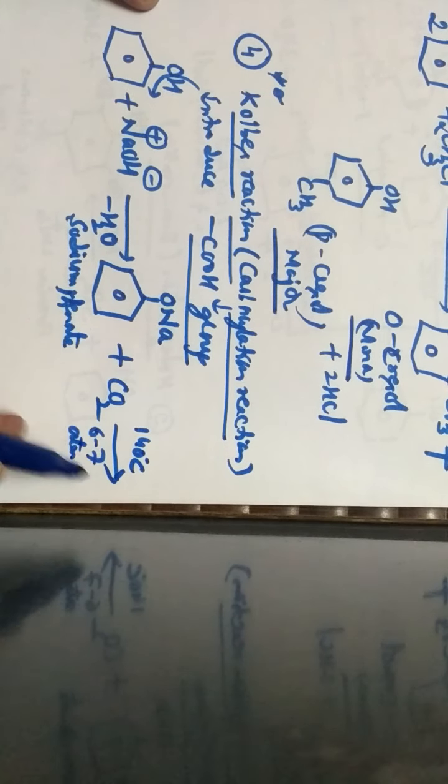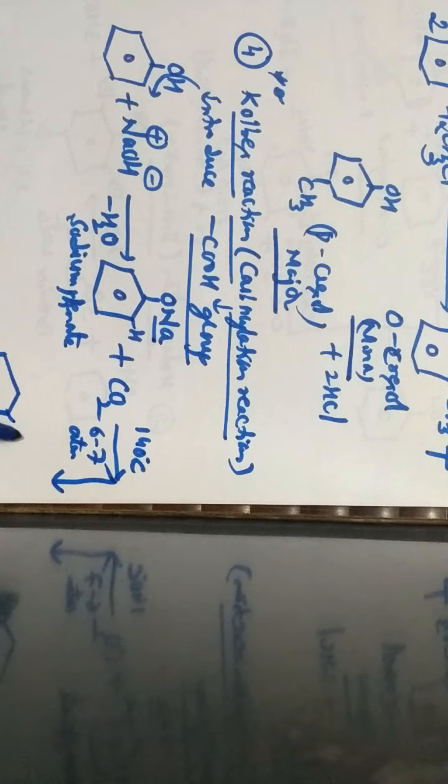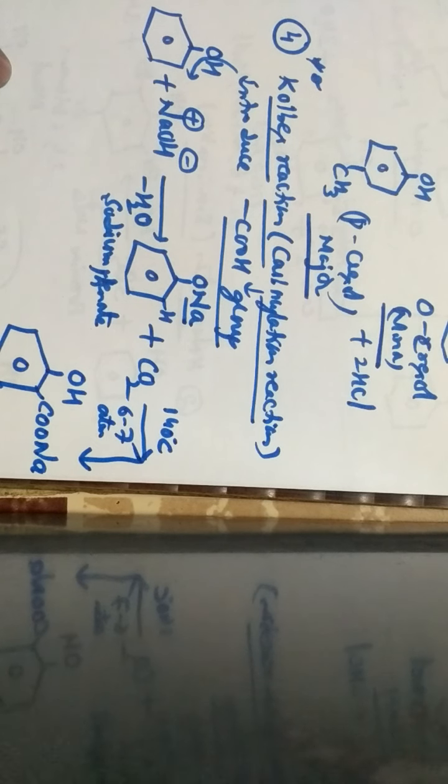Check here, there will always be a hydrogen. Here, this COO, which will be added to sodium phenate, will drag away Na to form COONa, and there is a formation of the OH group. This particular product which is obtained is called sodium salicylate.